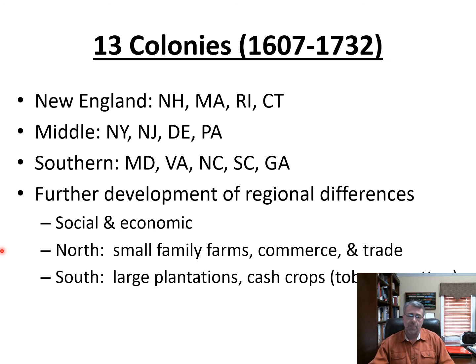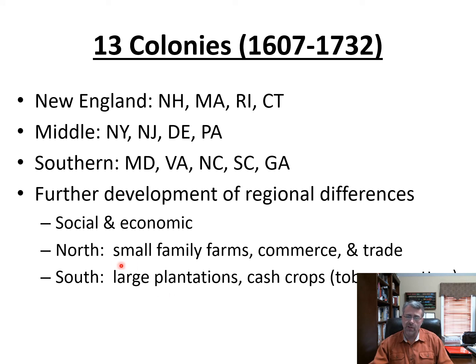We're going to see the social and economic character of these regions continue to develop in these different directions. Eventually, our middle colonies will be more or less absorbed culturally into the New England colonies. So there will be very little difference between New England and middle colonies. We'll just think of them all as northern colonies.